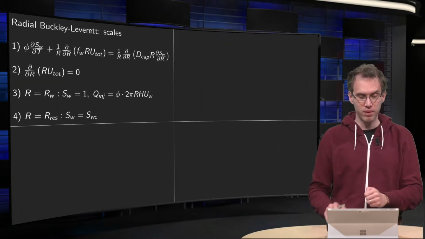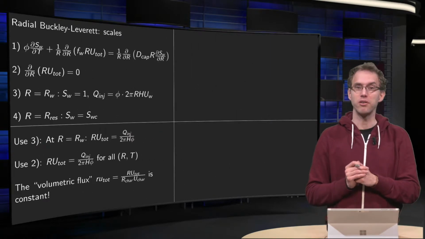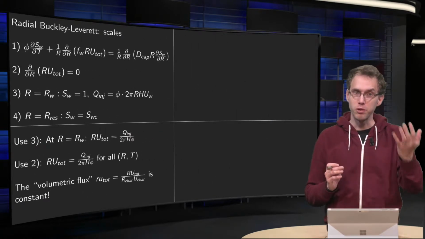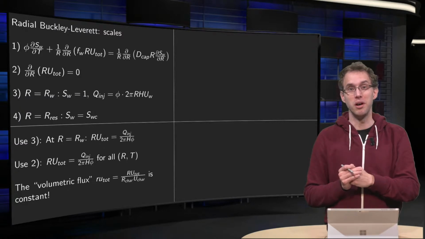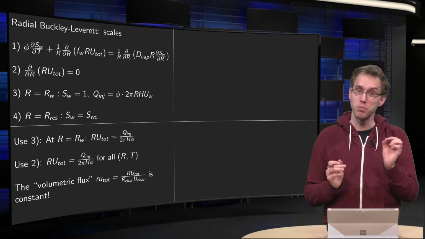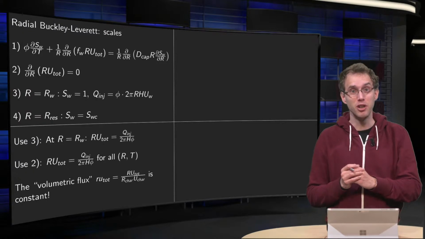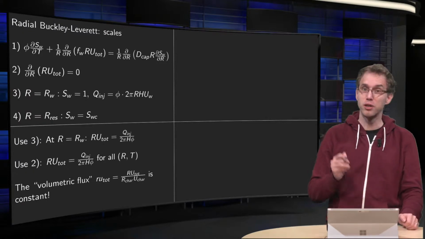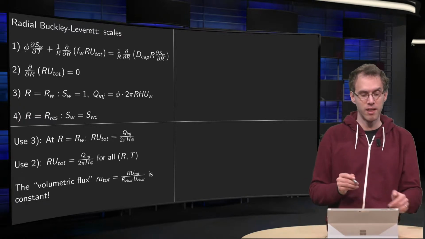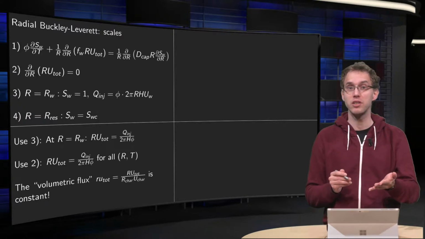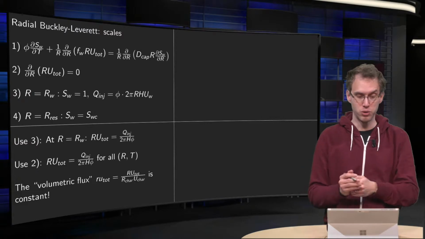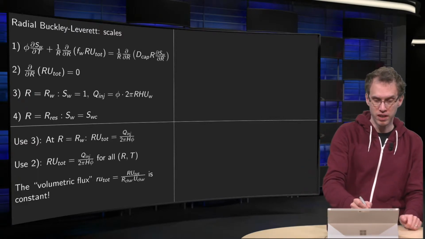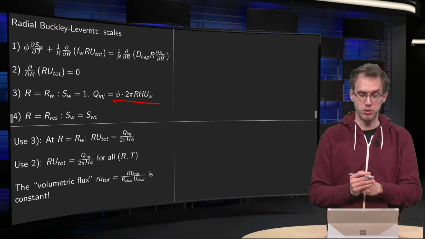So, how are we then going to choose our scales? First of all, we'll use capital letters to denote dimensional variables and small letters to denote dimensionless variables. Now, take a look first at R equals R_W, at this third condition. We have S_W equals 1, so U water equals U total. So that means that we can here solve for R times U total.